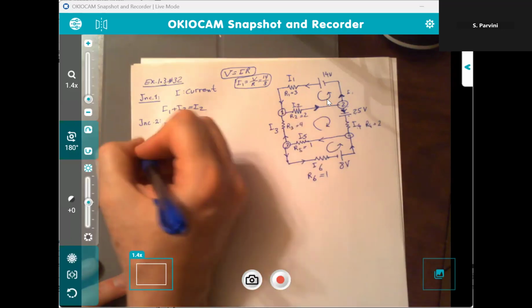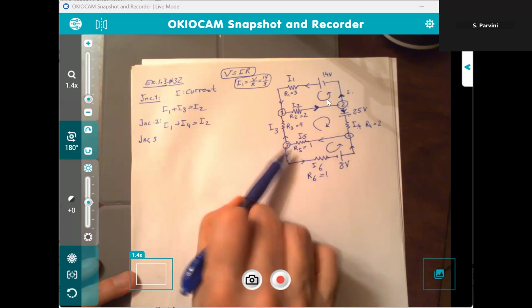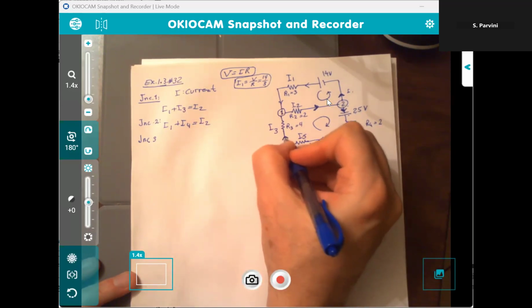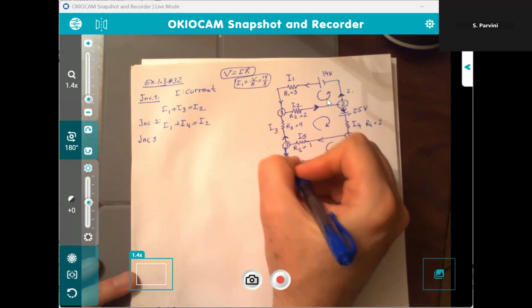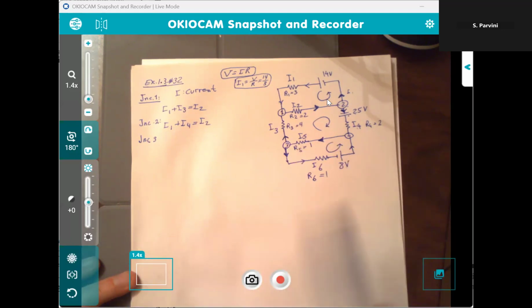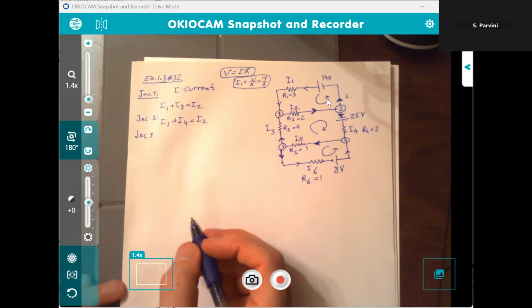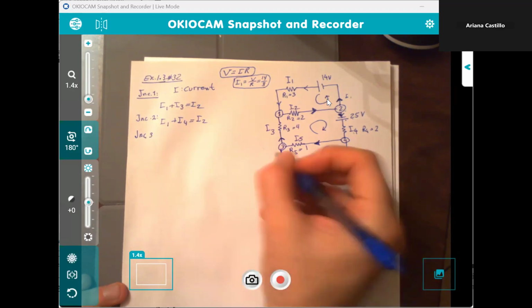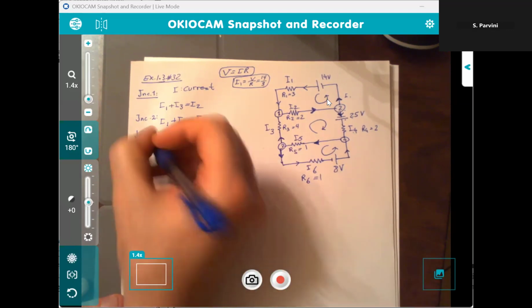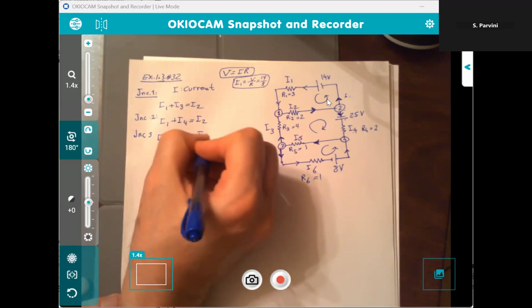And let's do junction 3. We're looking at this junction now, with current leaving and entering. So what would the equation look like? I5 equals I3 plus I6. Perfect, excellent. I3 plus I6 equals I5.